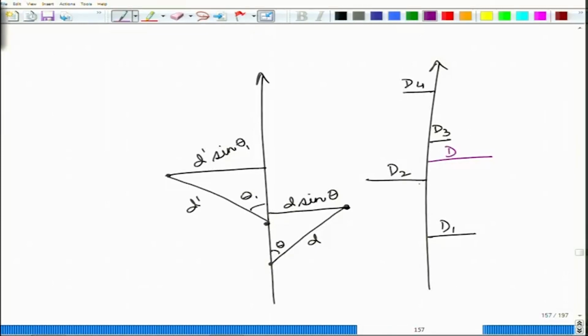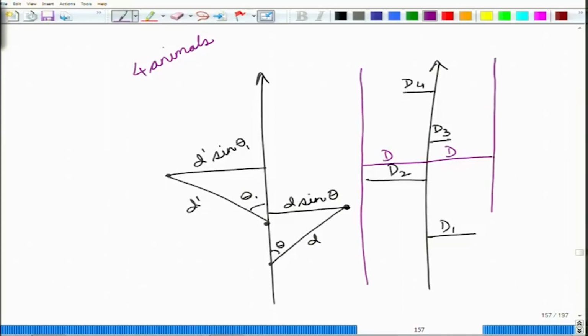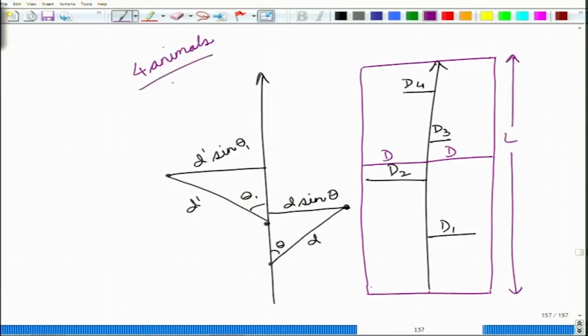So, there is this distance of d to the right, and there is this distance of d to the left, and in this case we have observed 4 animals, and with this mean distance we compute the area that has been covered by us. So, this is the area that has been covered. Suppose this length is L. So, the area is L into D, and from this we get the density of animals per square kilometer.